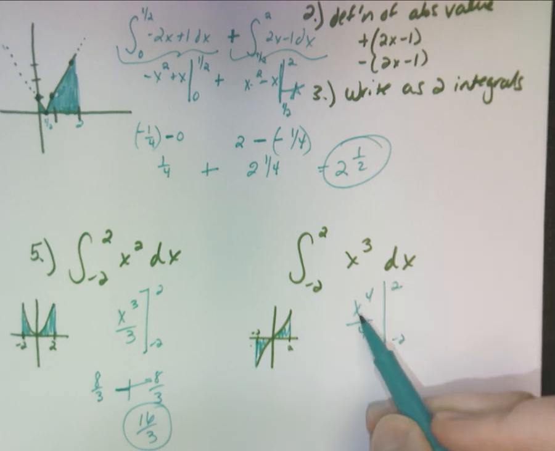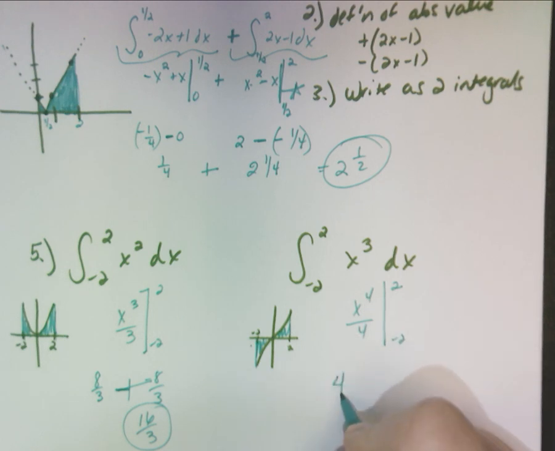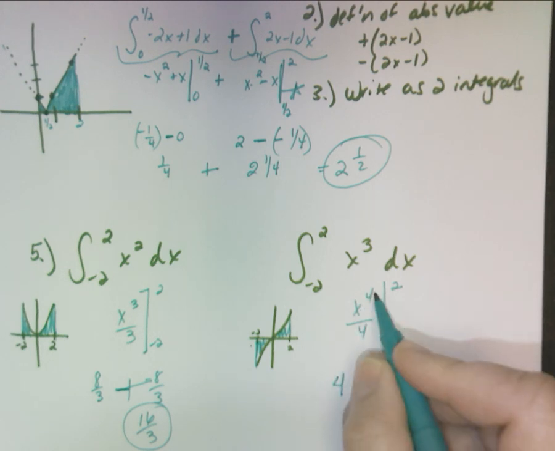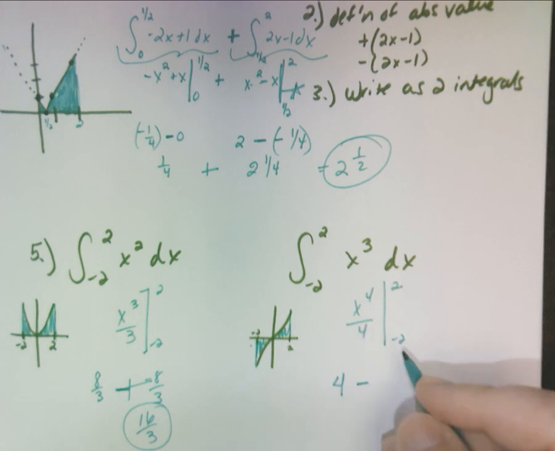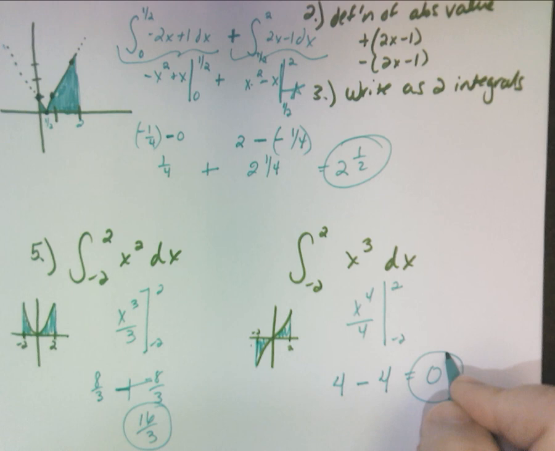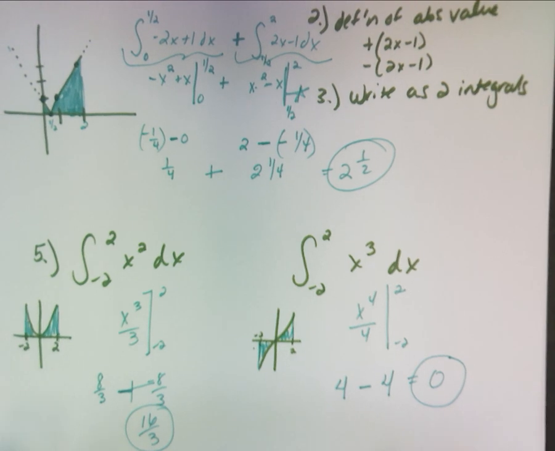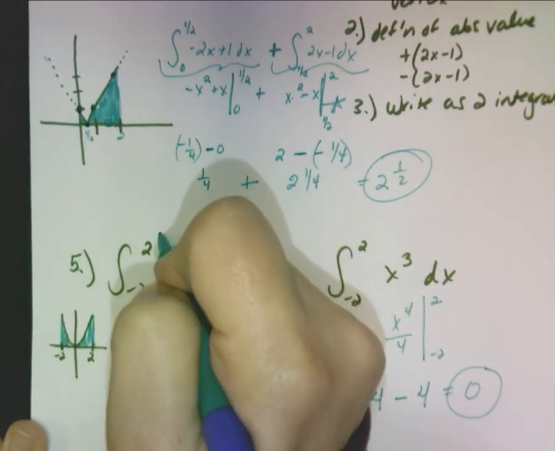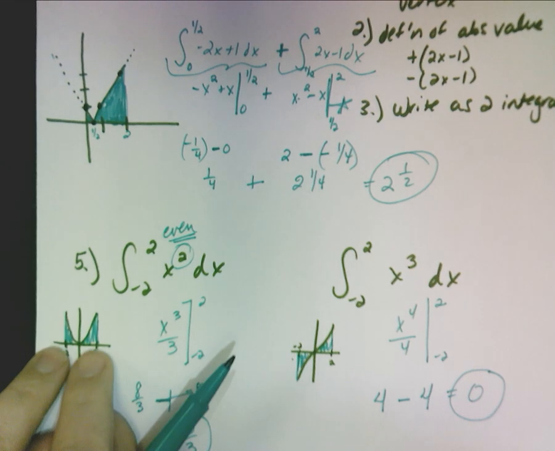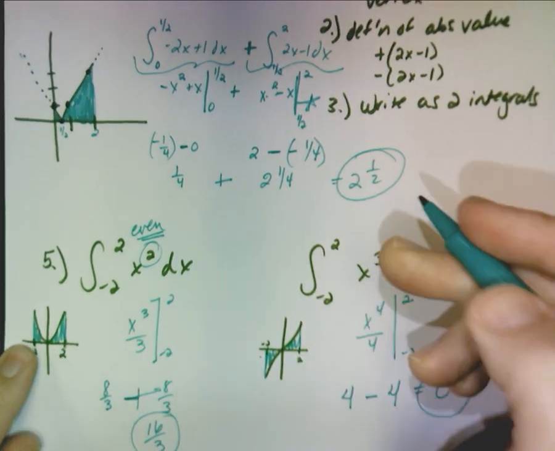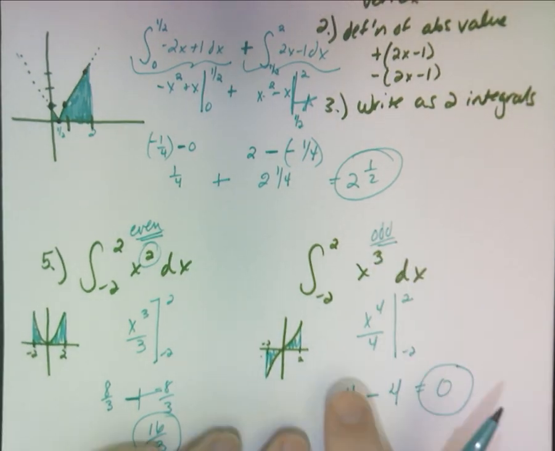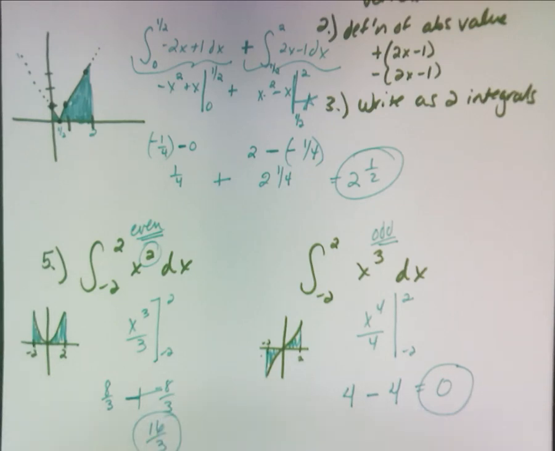And we're going to plug in our upper one. 2 to the 4th divided by 4 is 4, minus negative 2 to the 4th is positive, divided by 4 is also 4. Aha. This would be, remember this was a negative area, this was positive, it made 0. And that has to deal with even and odd functions. Remember this was an even function. These two areas are mirrored. If this is an odd function, then they cancel each other out.